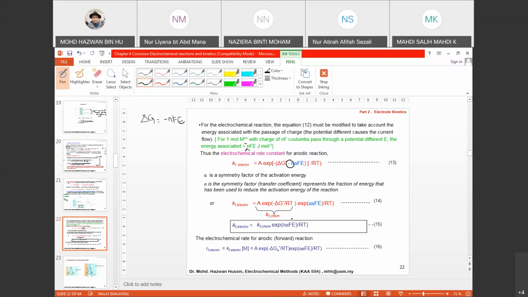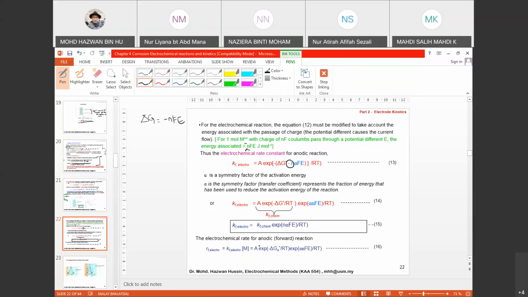Since the first term is what we saw in equation 8, we can summarize it, and Kf using the electrochemical method equals K forward of the chemical reaction times exponent alpha FE over RT.